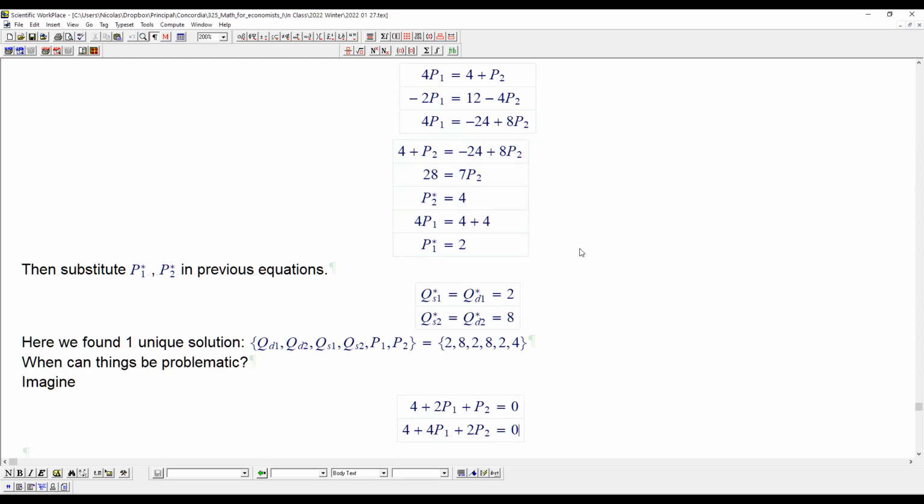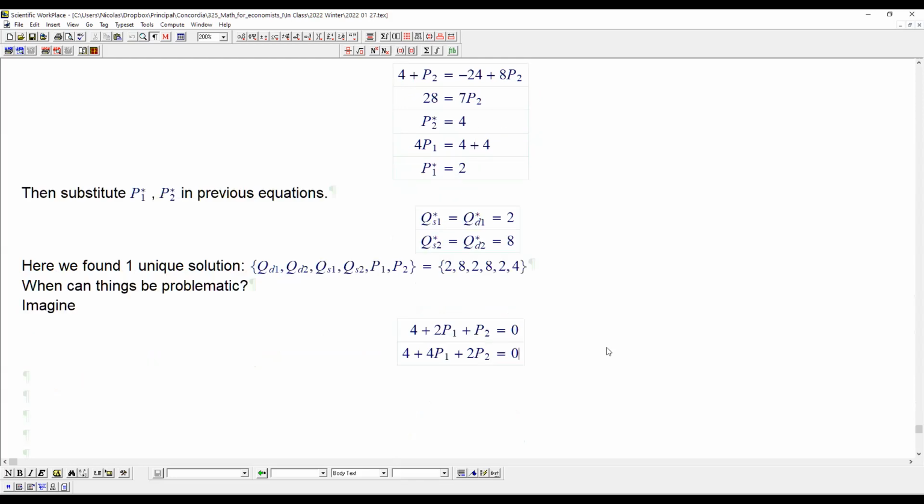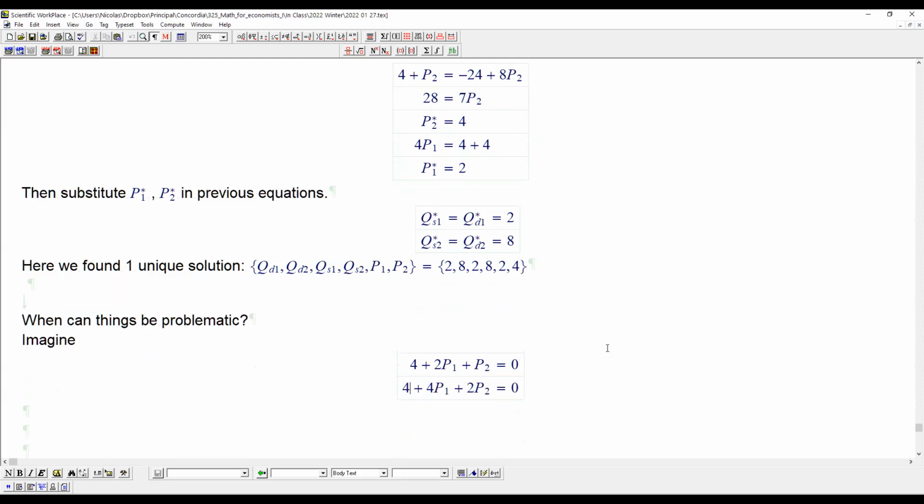Then what's the solution for P1 and P2? Infinitely many. I can't do it. Yes, that's the right answer.